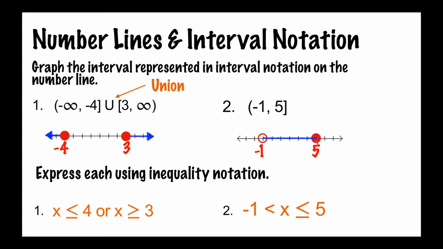Then when I'm talking about 5, all the values for x have to be less than or equal to it. So that's why that side says x is less than or equal to 5. Now technically, if you were writing these answers by hand, if you were to write x is greater than -1 and x is less than or equal to 5, I would give you full credit for that. But when you're working on these problems on Delta Math, the expectation is going to be for them to be written like we have in number 2.